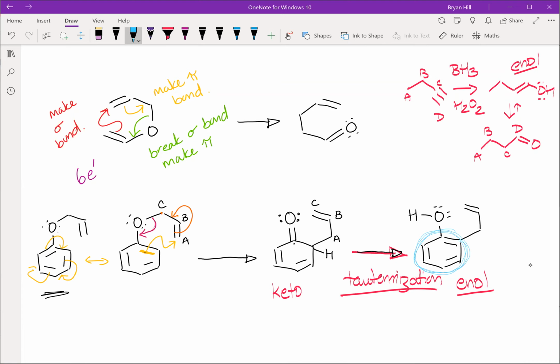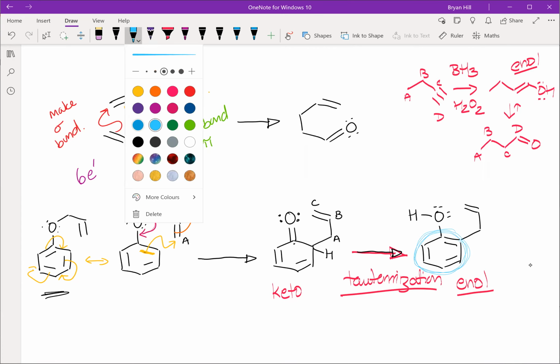So the really wonderful thing about this Claisen rearrangement is you just take your molecule, put it in a flask, heat it up, and it does the Claisen rearrangement, and then it tautomerizes, and you've effectively put this allyl group on, made this carbon-carbon bond between where this little yellow arrow is here.